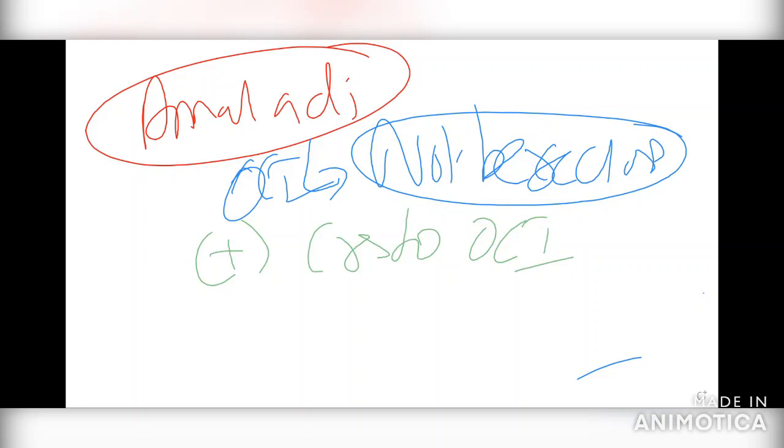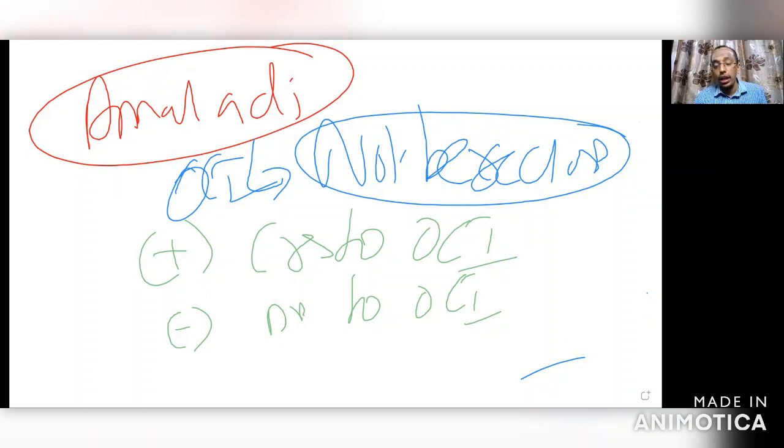Next, less items debited to OCI. Any item that is credited to OCI will be added because it is an income. Any item that is debited to OCI, because it is an expenditure, has to be reduced.